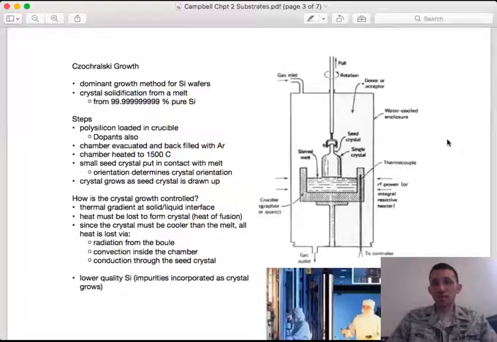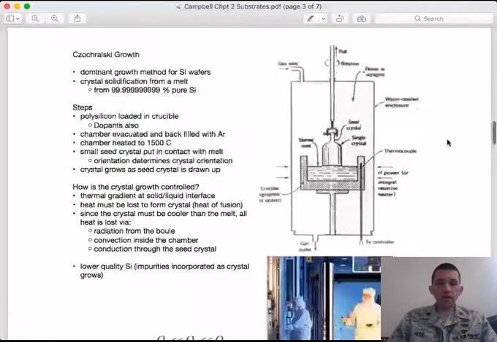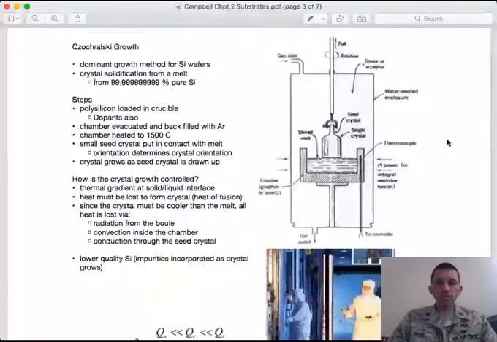Maybe that's wrong. If you know the proper pronunciation, you can set me straight. But this Trikalski method is a dominant one for growing silicon wafers. And it's shown here schematically on this first figure at the top right.